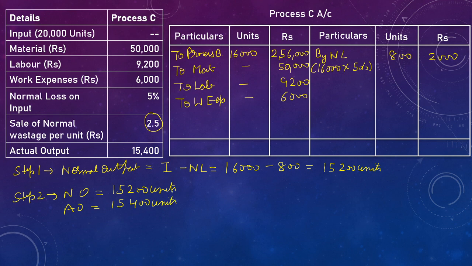It means it reduces our normal loss, and we assume that the output of this process is 15,200 units, but the actual output which is more than normal output is 15,400 units. So in this case we earned abnormal gain units of 200 units, which is debited in the process account.